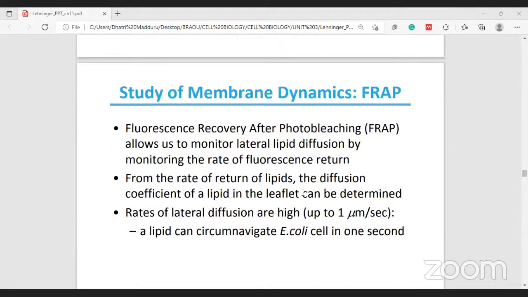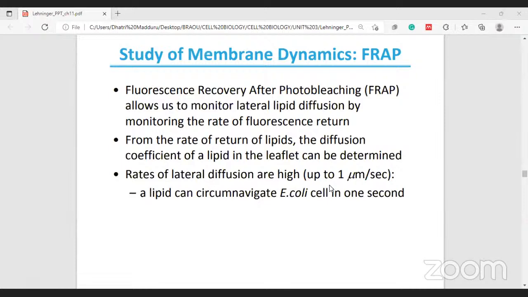So how were all these studied? These membrane dynamics are studied by a technique called FRAP, fluorescence recovery after photobleaching. This helps us monitor lateral lipid diffusion by monitoring the rate of fluorescence return.